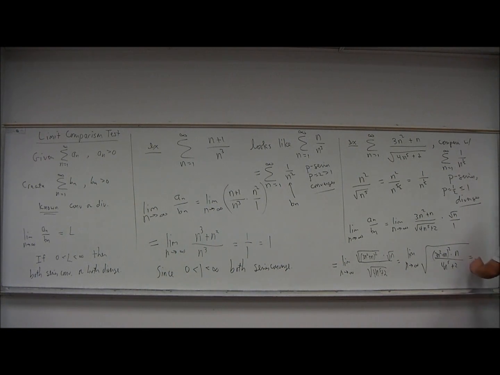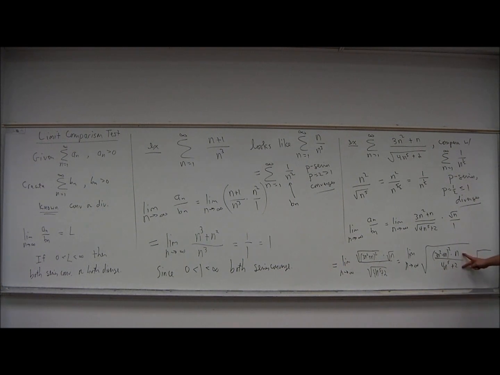So the answer is going to be the square root of, what's my limit here? If we were to square this out and then multiply by n, because there's an n squared there, and n squared squared is n to the 4th, then times n will give us n to the 5th. We will have a 5th degree polynomial on the top and a 5th degree polynomial on the bottom.